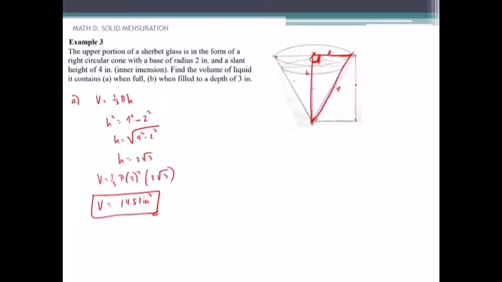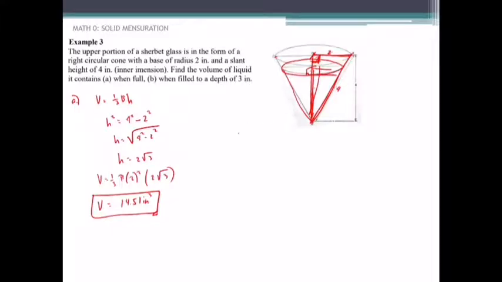Now, if it is filled to a depth of 3 inches, the height of the liquid is only 3 inches, measured from the vertex. Since you can create similar figures, the first is the cone when it is full, and the second is another cone whose depth, or height, is just 3 inches.